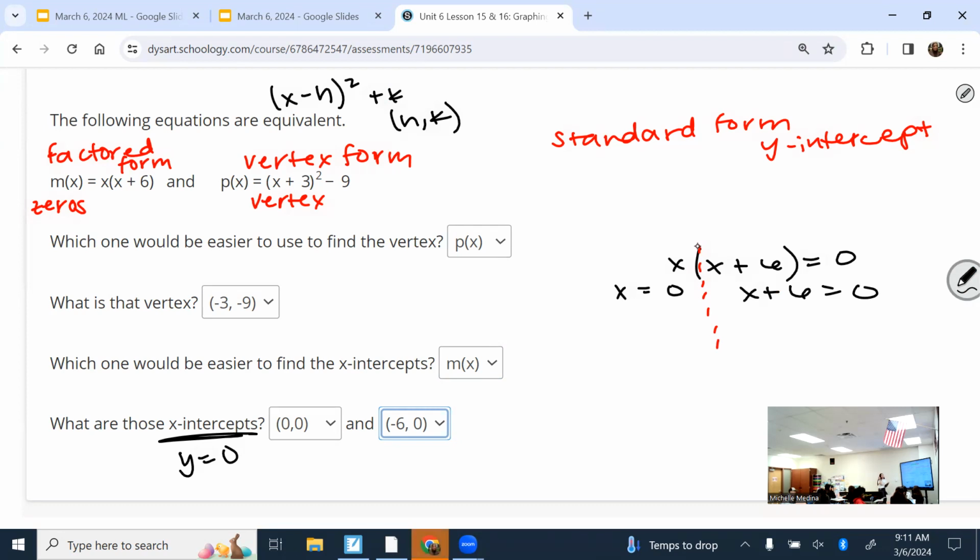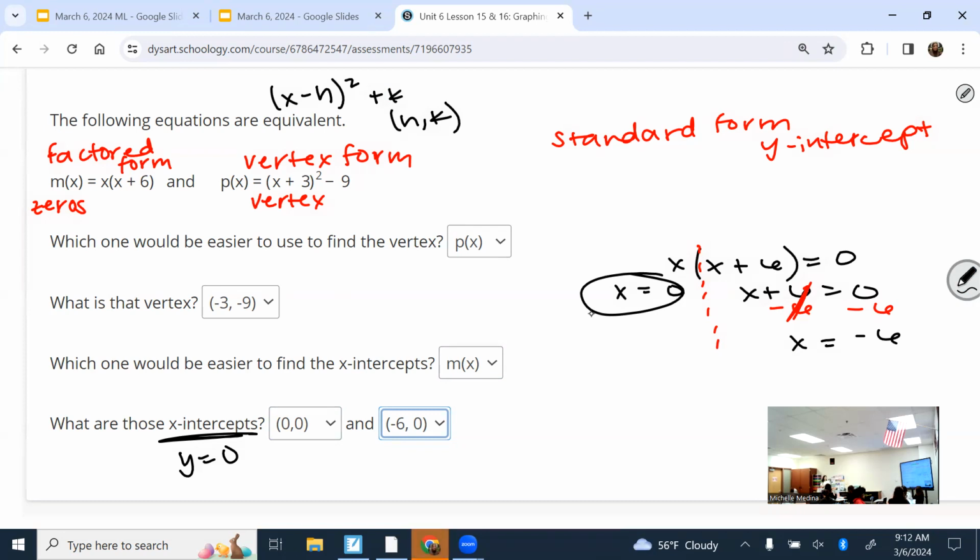That's why there's usually 2 x-intercepts. So on this one, it's already solved. X can be 0 and that'll meet it being at 0. Or, isolating the x, it could be -6. Plugging in a -6 for the x would make the final answer 0. So that's why there's usually 2. Okay, so questions on that one?